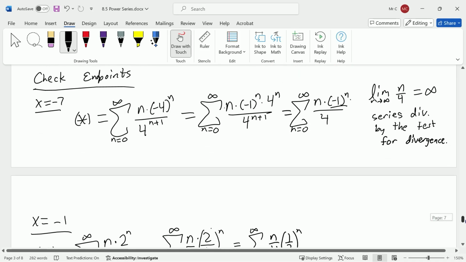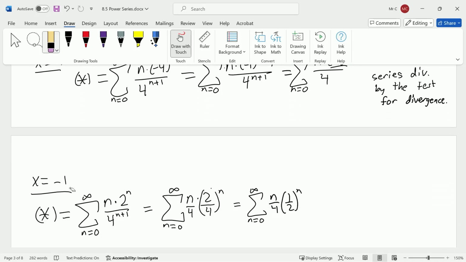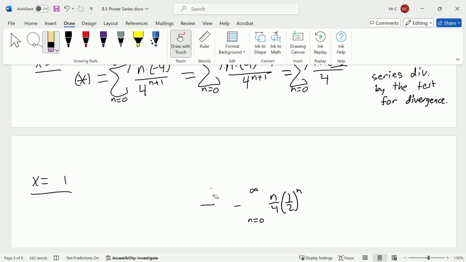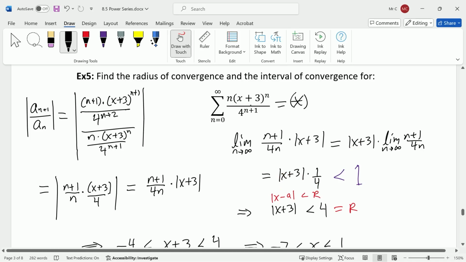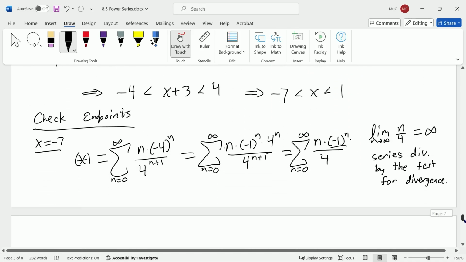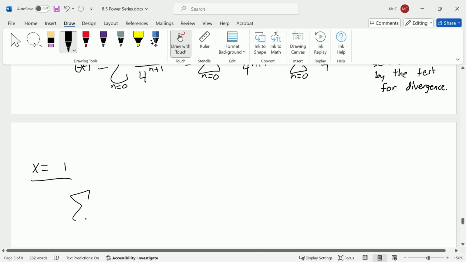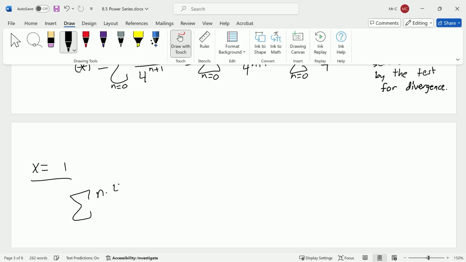Okay, now we'll check when x is, that should be positive 1. Now, when I plug in a positive 1 into the series, I'll get 4 to the n here. So this becomes the sum of n times 4 to the n over 4 to the n plus 1.